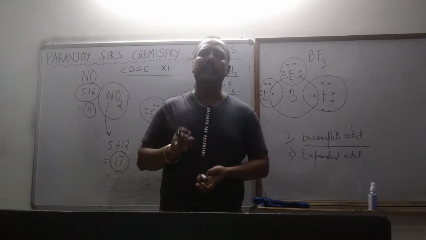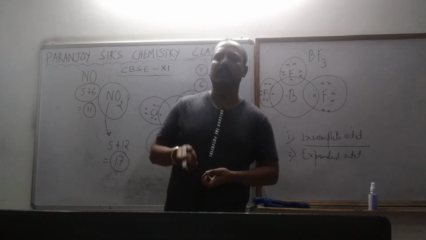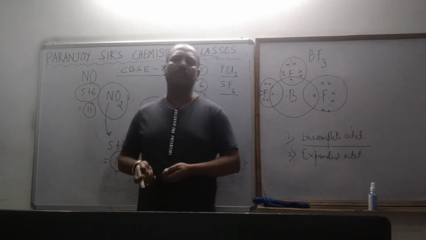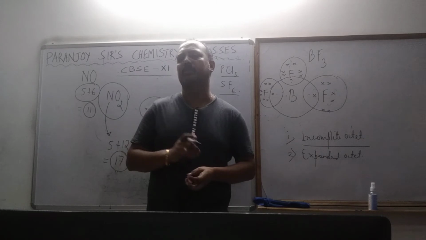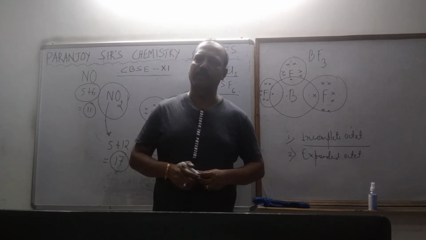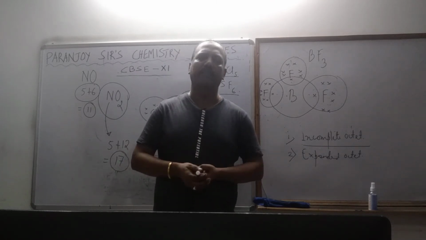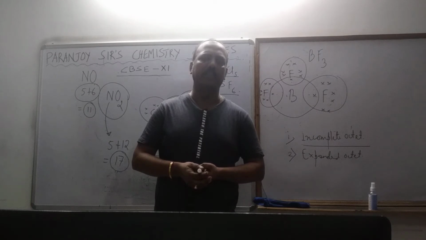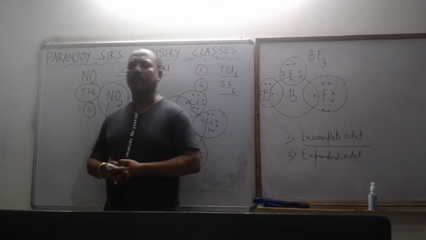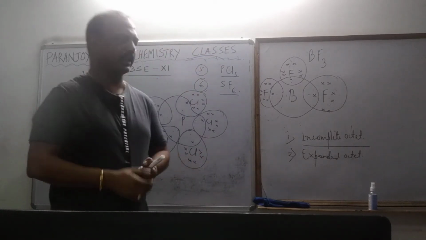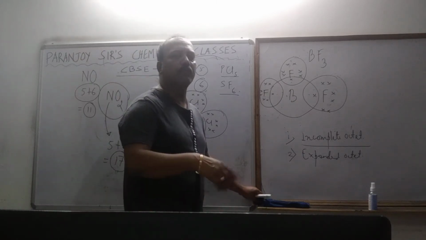So any compound having an odd total number of valence electrons cannot be explained by the Lewis dot model. These are the simple limitations of the Lewis dot model. 3 limitations. Hence we have to move forward.